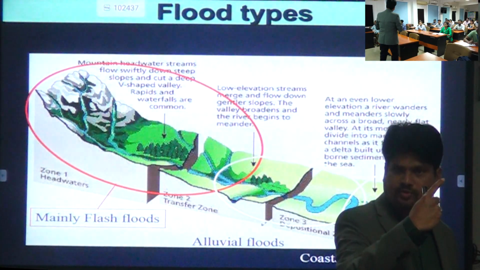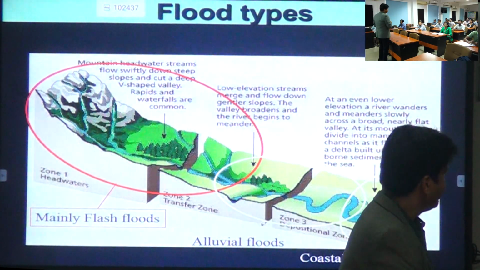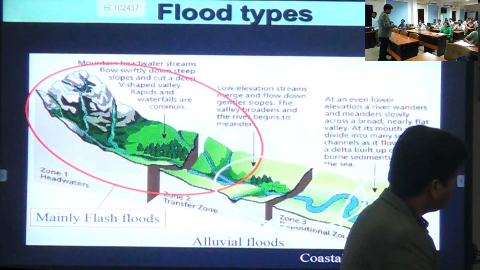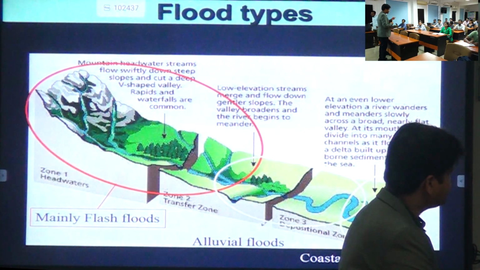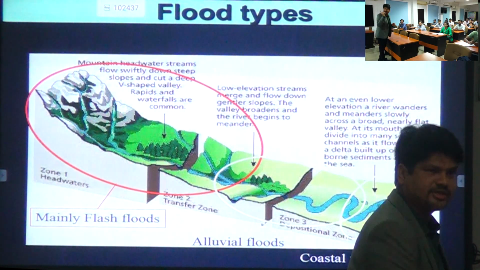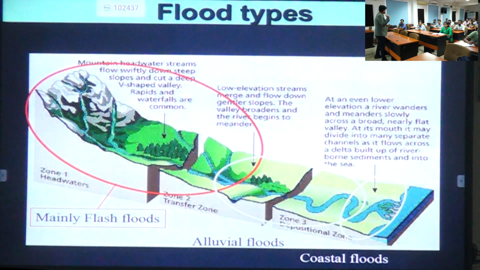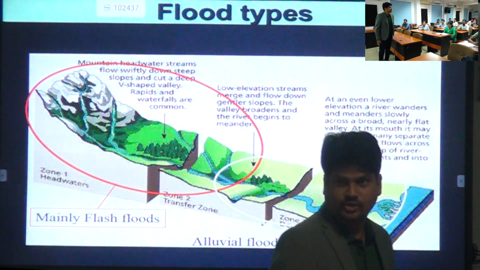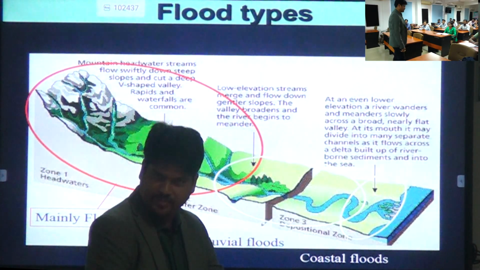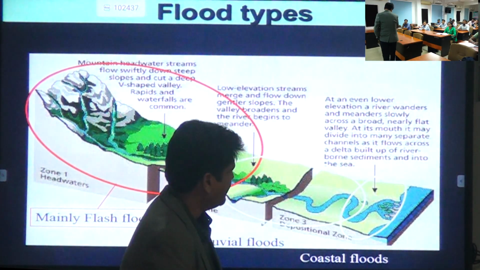Then all these small streams come and mix, like in the case of the Ganga, where you have the Alaknanda, and they meet and become the Ganga. So many streams come, meet, and make a big river.